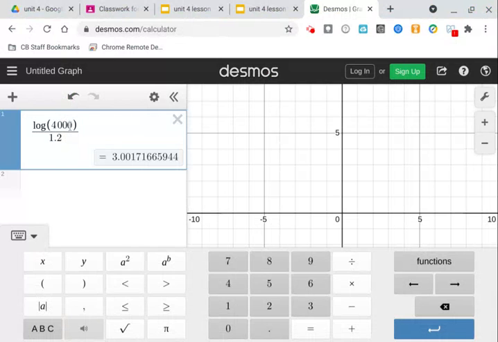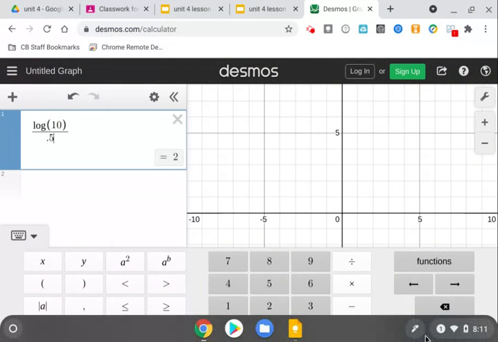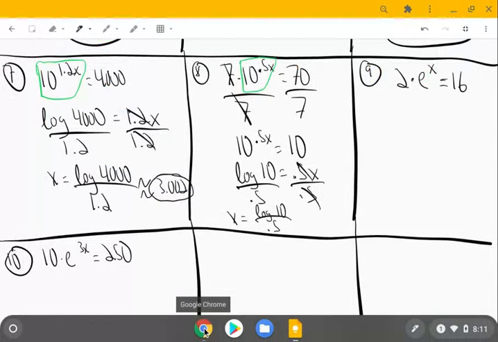So log base 10 of 10 divided by 0.5, and we get an answer of x equals 2. Number 9.